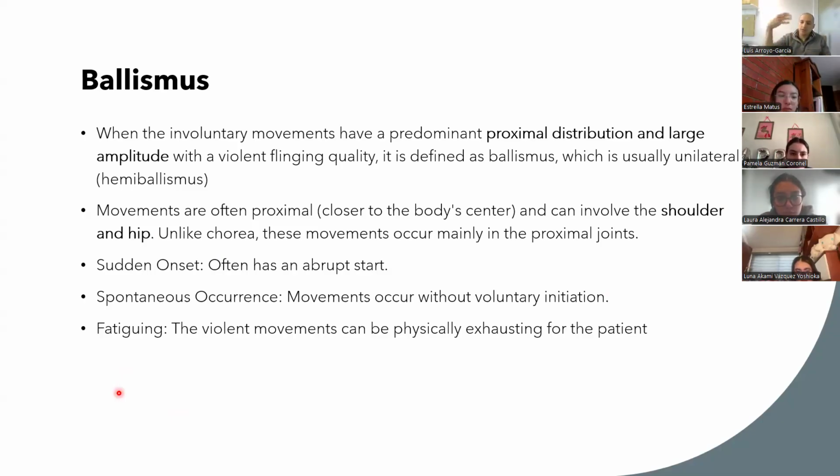In chorea we have these kinds of movements. In athetosis we have more of the distal joints, with hand and finger movements, and then we have ballismus that is more sudden, right?